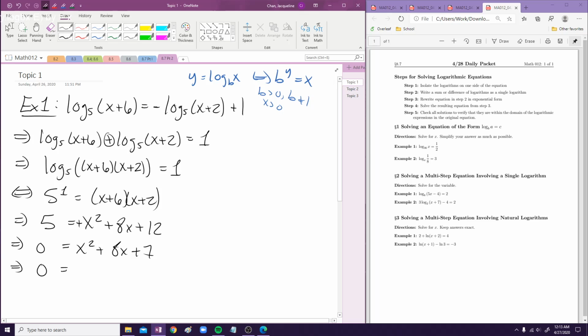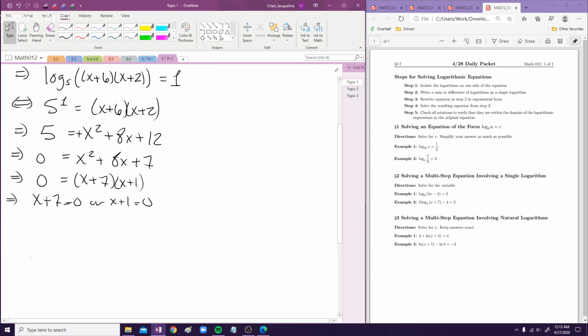With x squared plus 8x plus 7, when I factor this, I get x plus 7 times x plus 1. Using the zero product property, x plus 7 is equal to 0, or x plus 1 is equal to 0. So x is equal to -7 or x is equal to -1.